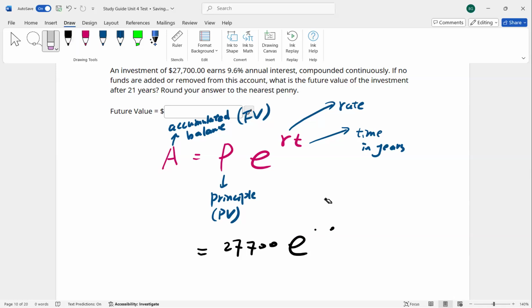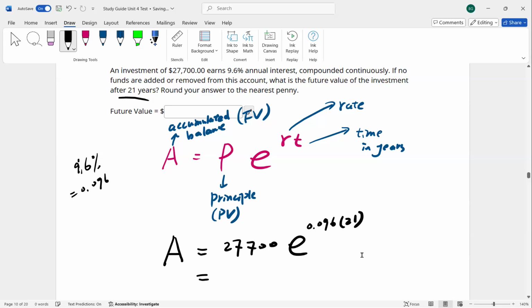Percent is not very convenient when we actually calculate, so we are going to convert 9.6% to its equivalent decimal, 0.096. So 0.096 here is r, times t. t is also given: 21 years later. So t equals 21, so times 21 here. All right, then we are able to find the future value A, the accumulated balance in the account after 21 years.